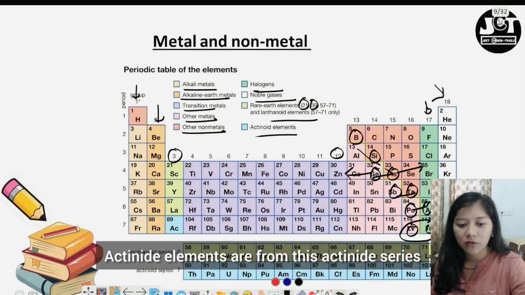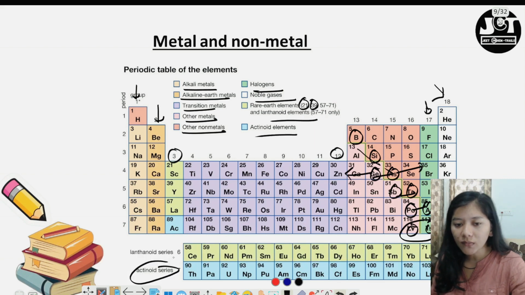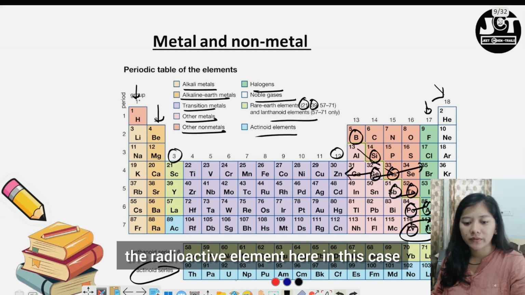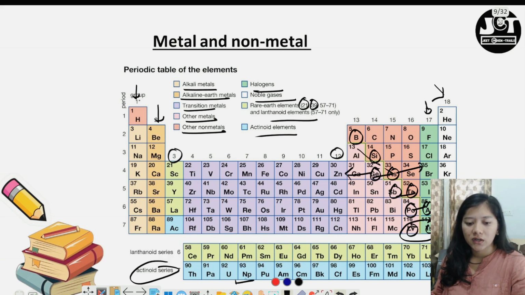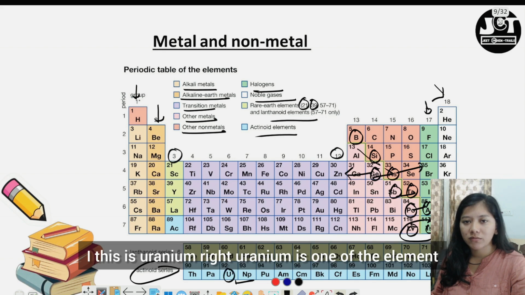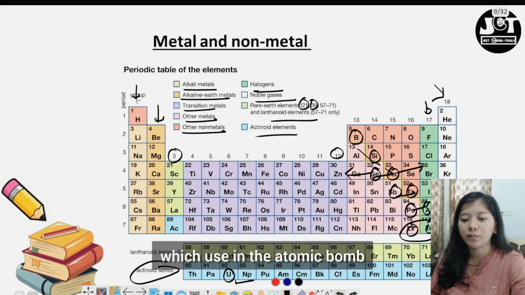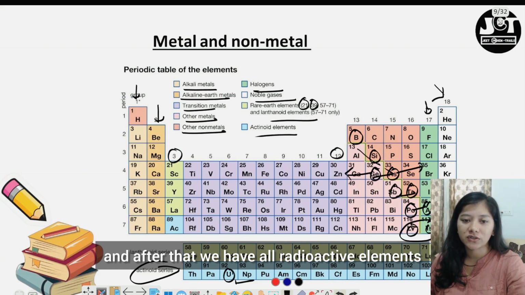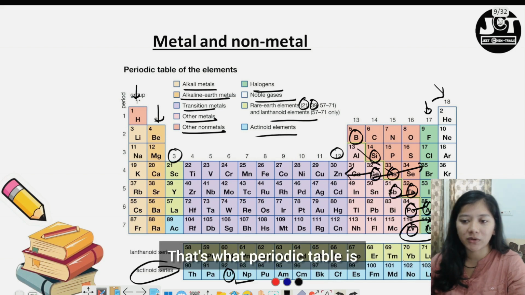Actinide elements are from the actinide series. Just remember, after uranium all elements are radioactive. Uranium is one of the elements used in the atomic bomb, and after that we have all radioactive elements. That's what the periodic table is.